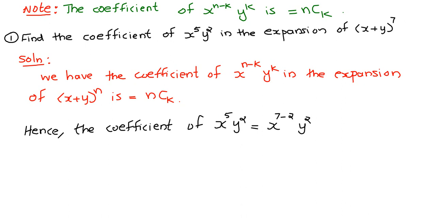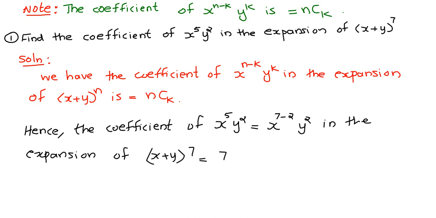So by the formula it is 7C2, where n is 7 and k is 2. 7C2 is 7 into 6 by 1 into 2. So 3 times 7 is 21. So the coefficient is 21.